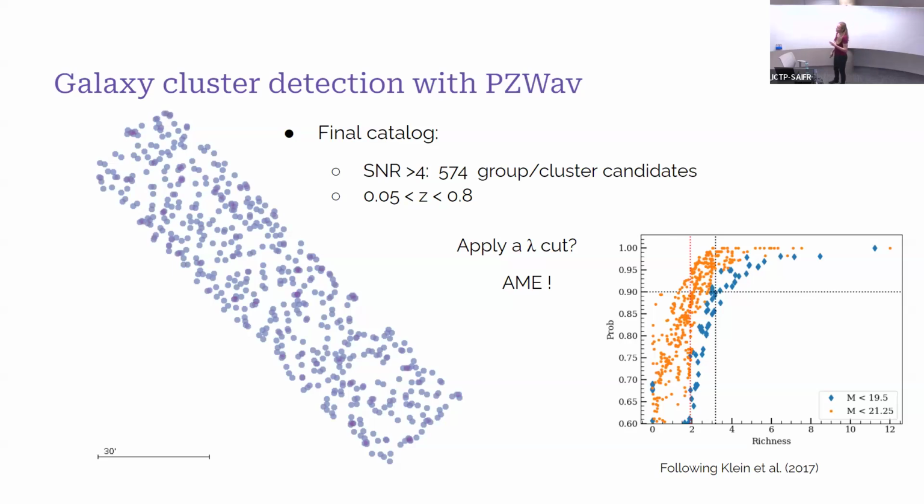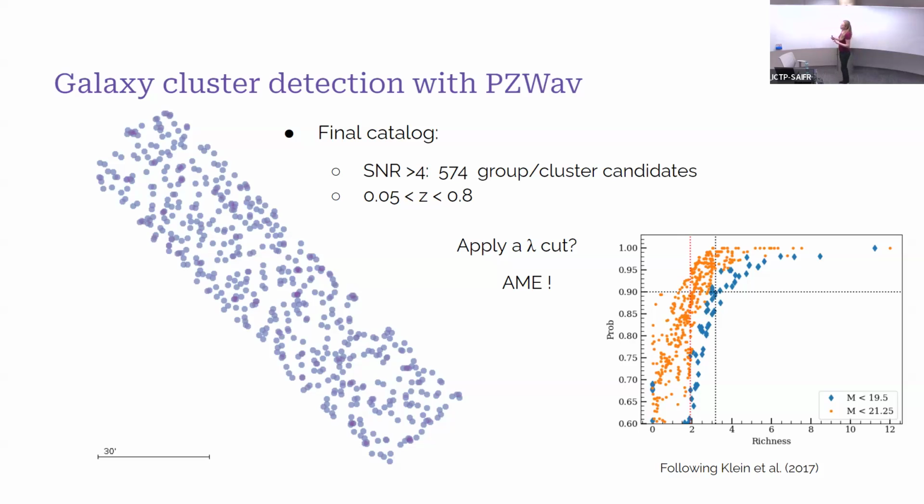But we have the richness results for all of these detections. So we applied a richness cut to try to remove some of these contaminations. For that, we followed the Plaza et al. procedure, which is based on the richness. We draw random points within these coordinates and calculate the richness for these random points.